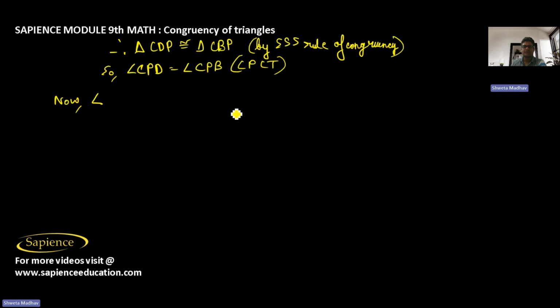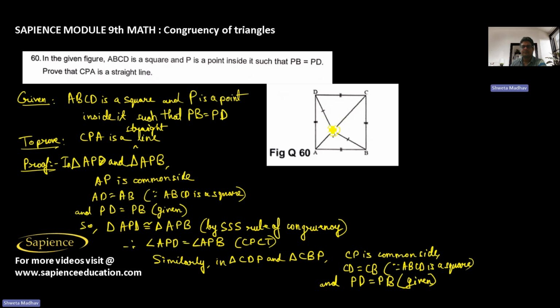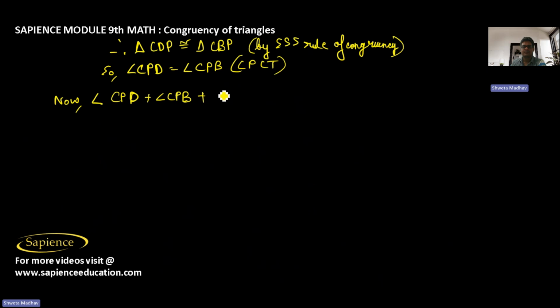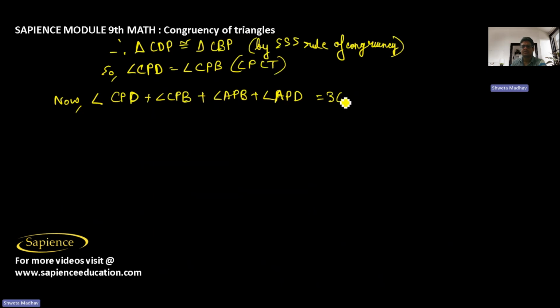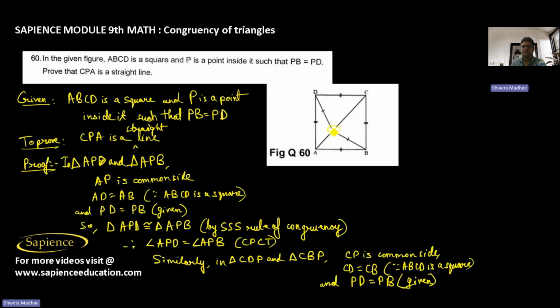So you can say that angle CPD plus angle CPB plus angle APD plus angle APB, the sum of all these four angles should be 360 degrees, since the sum of all the four angles about any point should be equal to 360 only.